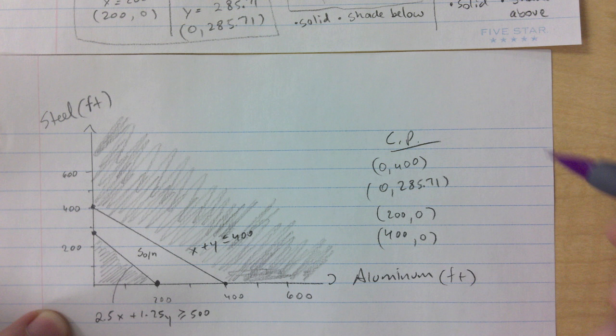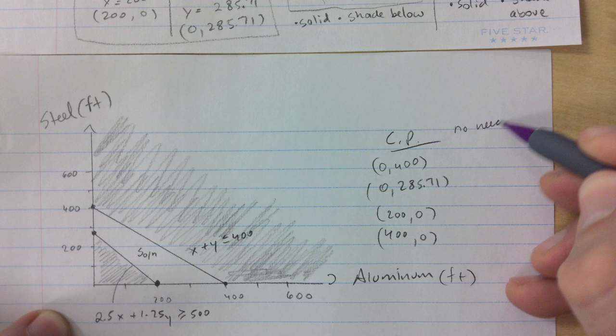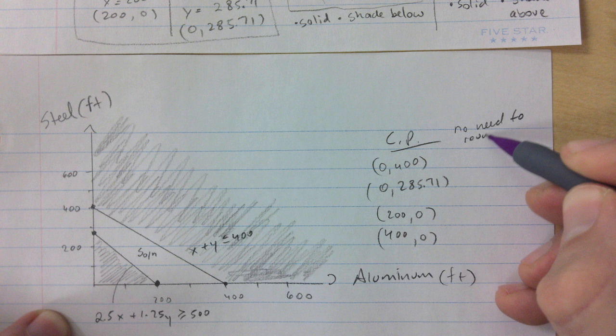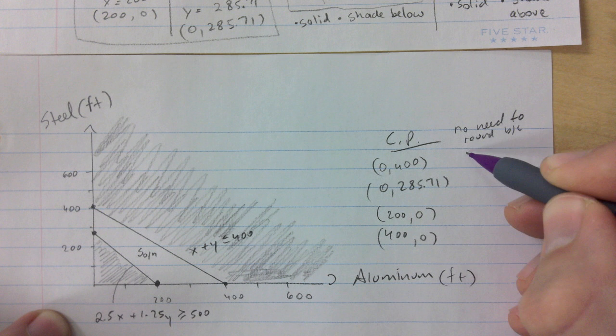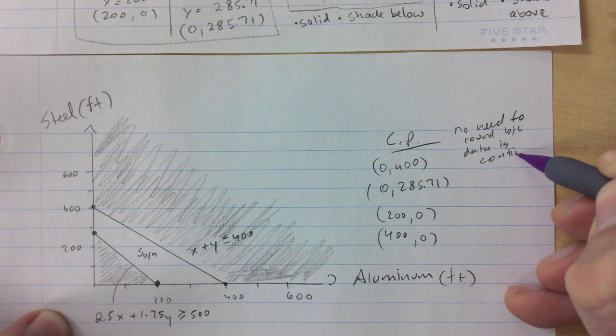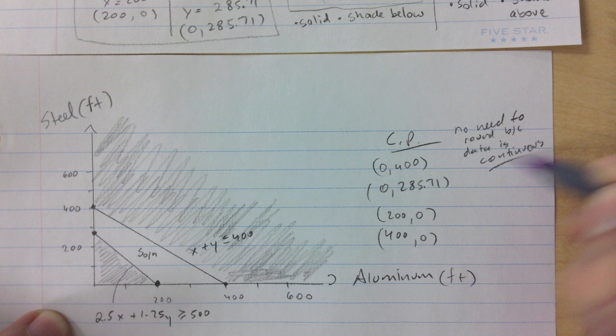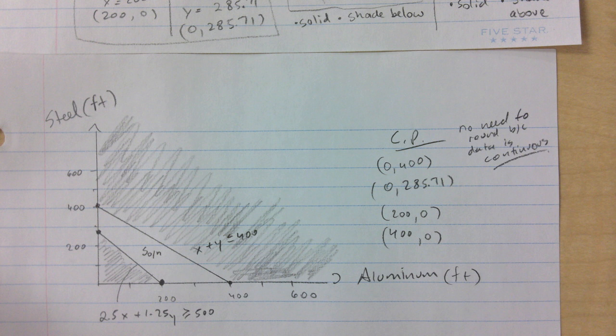No need to round, because data is continuous. So there you have your corner points. So you have all possible combinations on this graph, and that is that.